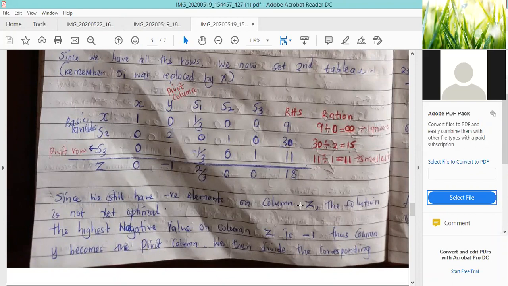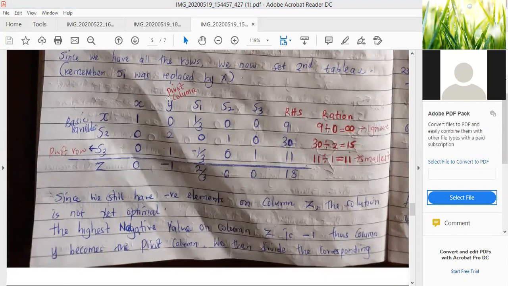We do what? We identify what we call the pivot column again, the pivot law, and then we do the necessary. So the highest negative variable or element along law Z is the -1 here, which gives us the pivot column.